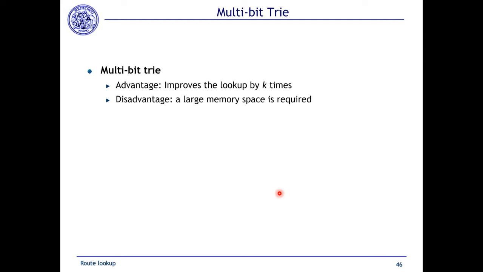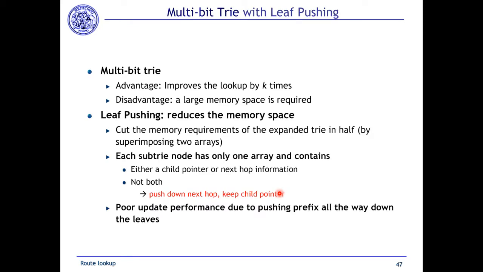So we have improved the lookup complexity, but we increased the memory. However, there is another improvement which allows us to optimize this architecture and to reduce the requirement in terms of memory. In particular, we can halve the requirement in terms of memory by this technique.